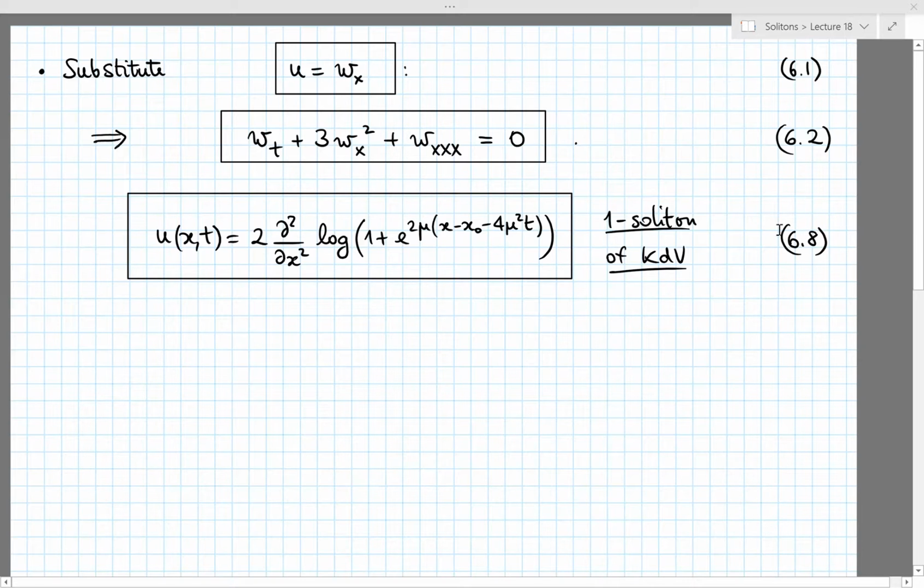And as you can see in equation 6.8 that we just derived, we can write one soliton solution of the KdV equation as the second partial x derivative of a function, which in this case is this log of 1 plus the exponential.